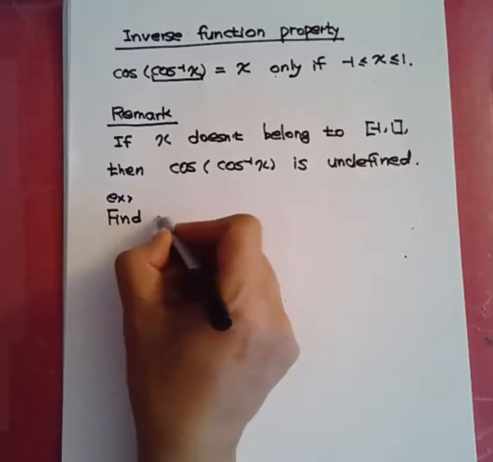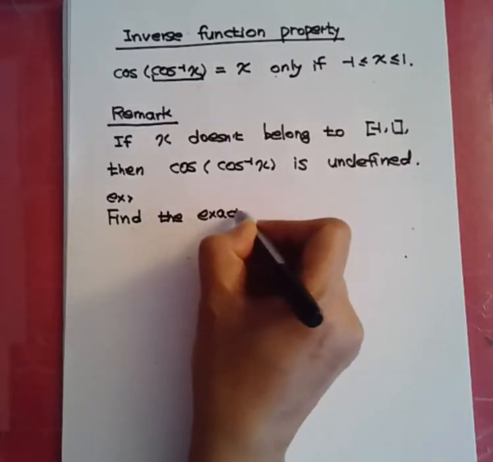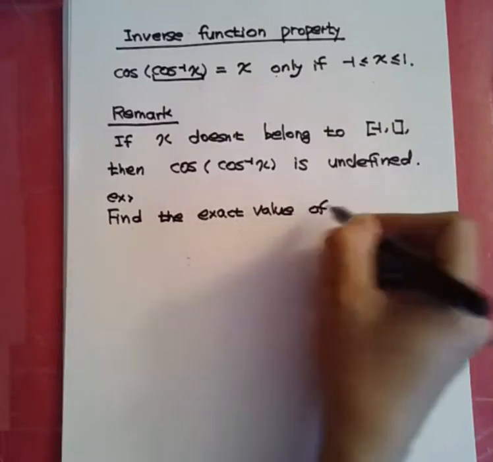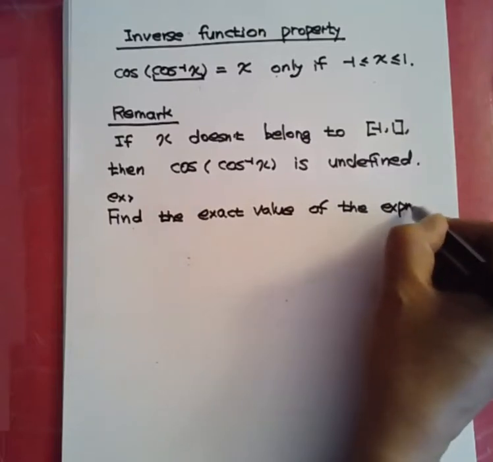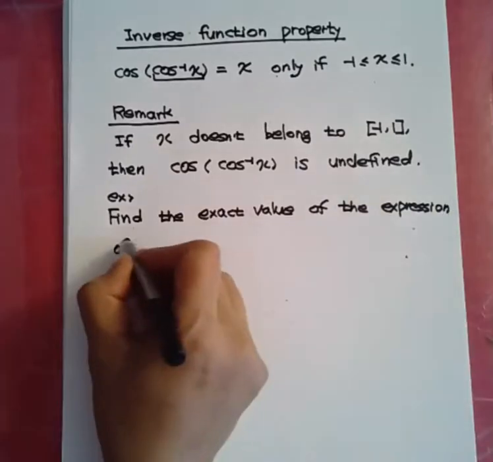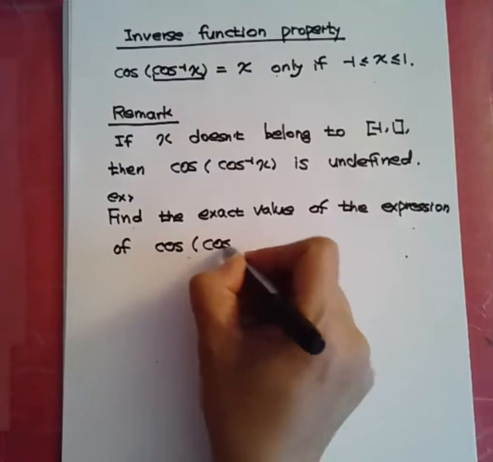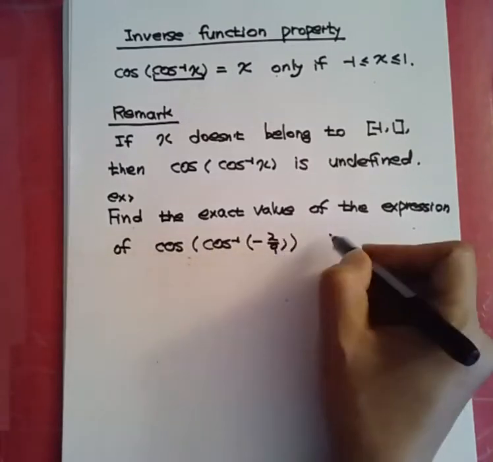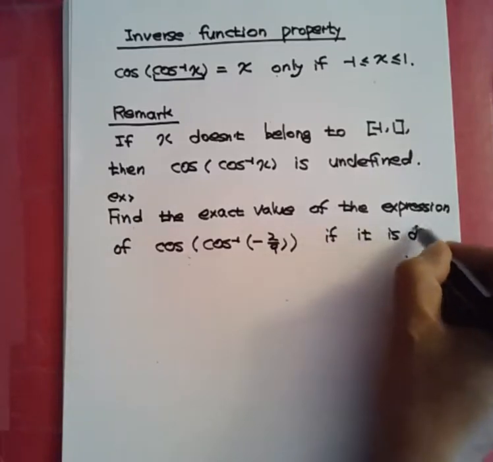Find the exact value of the expression cosine of cosine inverse of -2/9 if it is defined.